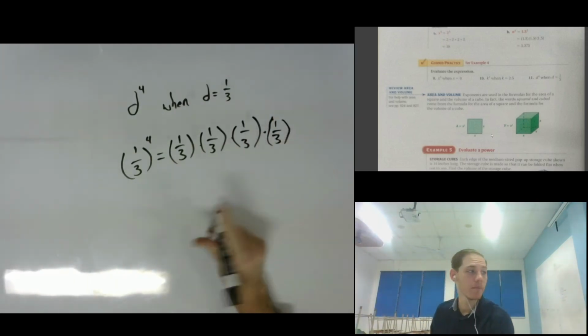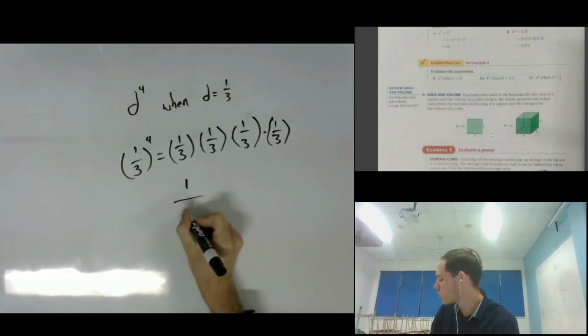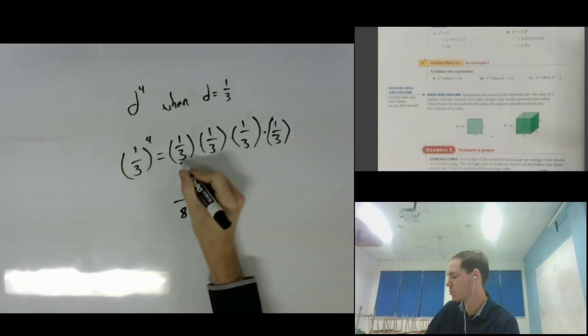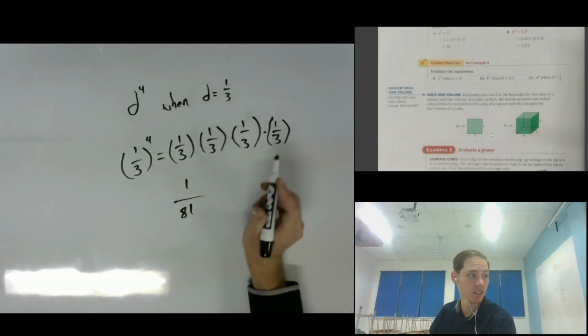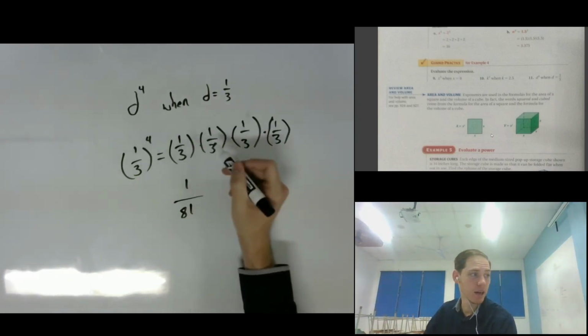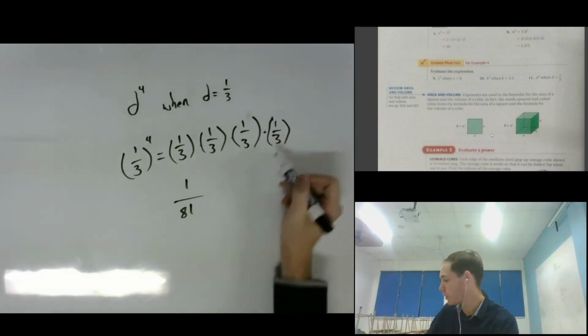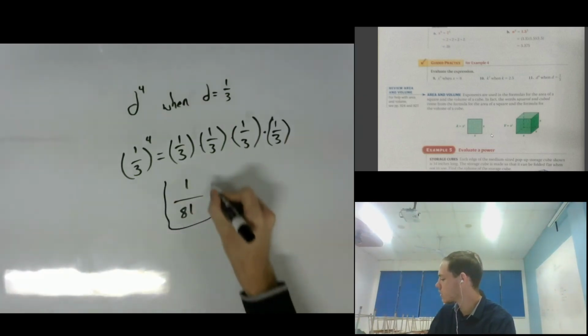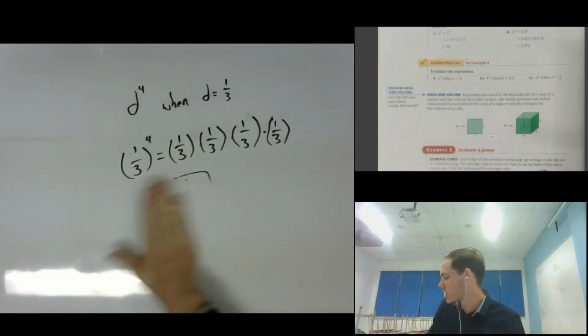If we do the math properly, we're going to get 1/81, because we just multiply the bottoms and multiply the tops. So 1 times 1 times 1 times 1 is just 1. 3 times 3 is 9, times 3 is 27, times 3 is 81. So our answer is 1/81. Do you need to turn it into a decimal? No. You may keep it as a fraction.